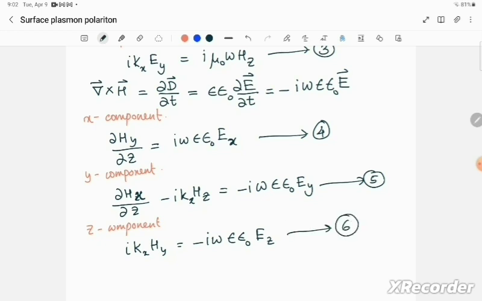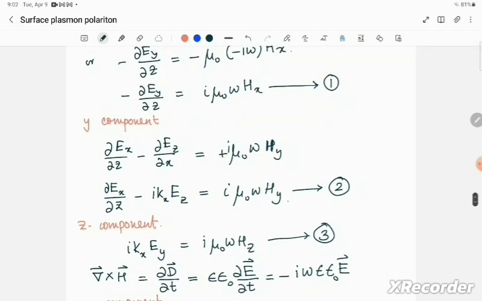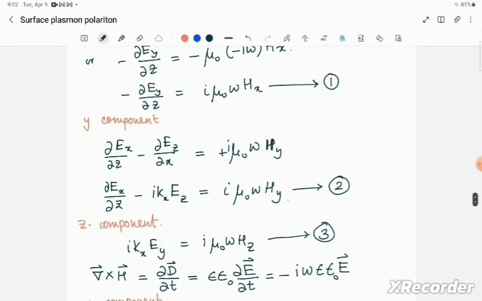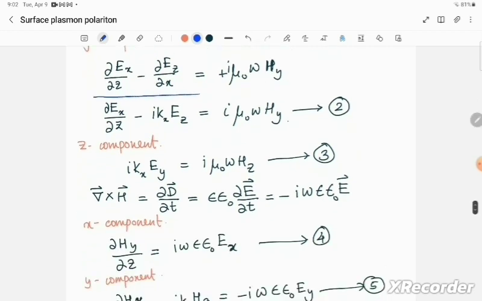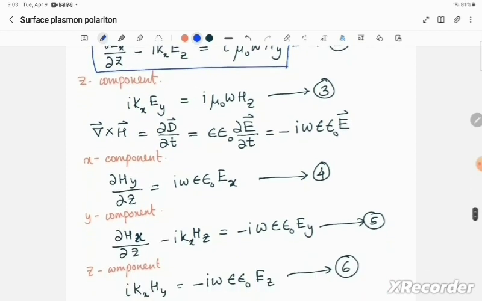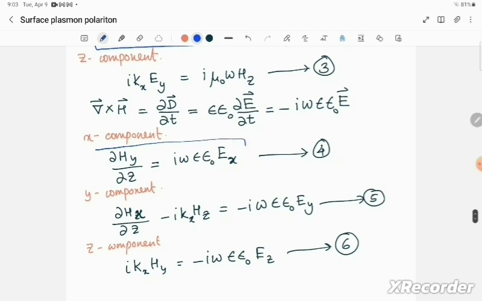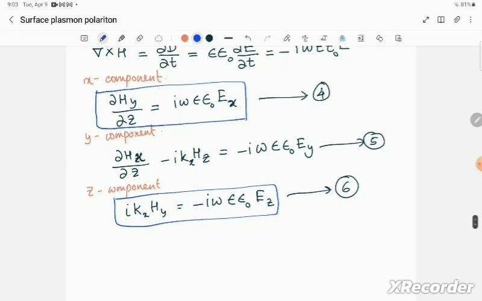Fine. And with this, as you see, we have got 6 equations, and if I sort them out, you will find that equations 2, 4 and 6 are equations which relate hy, ex, ez.